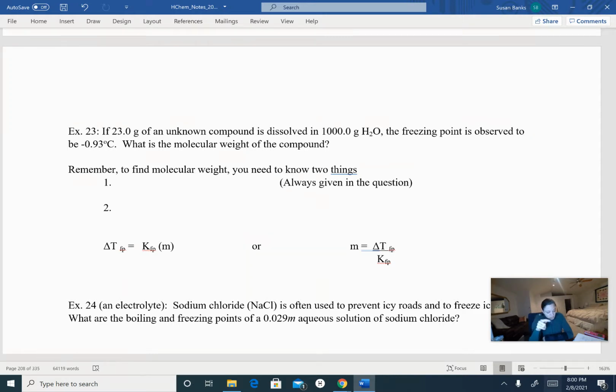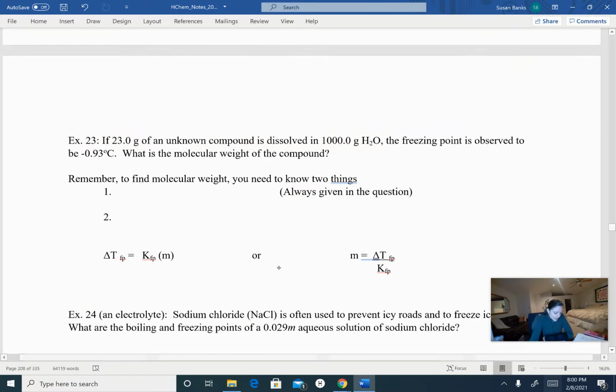Okay, you can do this. If I know the freezing point depression, I can get the molality of that solution. And if I know how many grams were put in that solution, I can figure out the molecular weight of that compound. And maybe matching it with other compounds, like a list according to molecular masses, I might be able to figure out what that compound is.